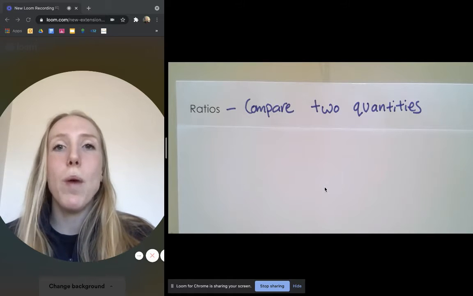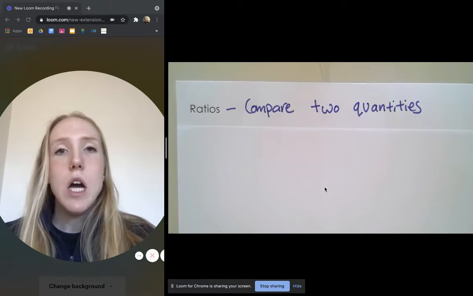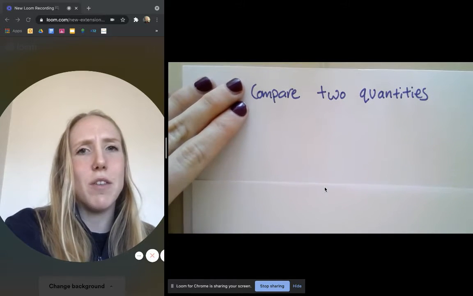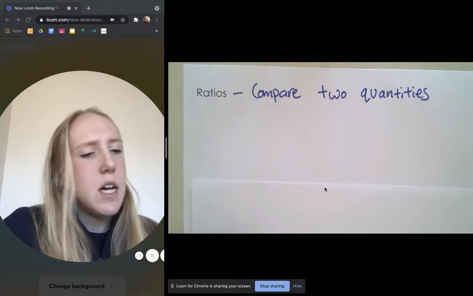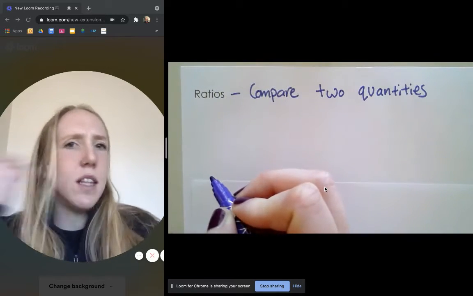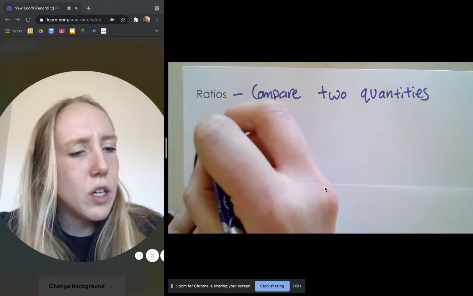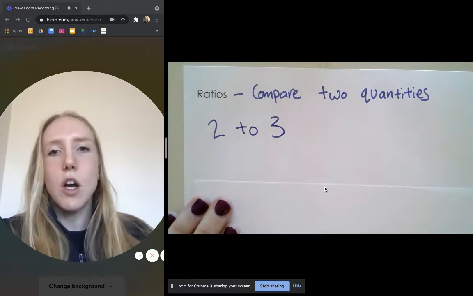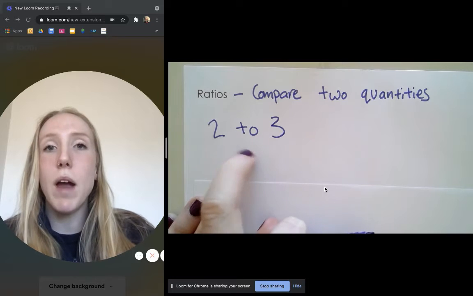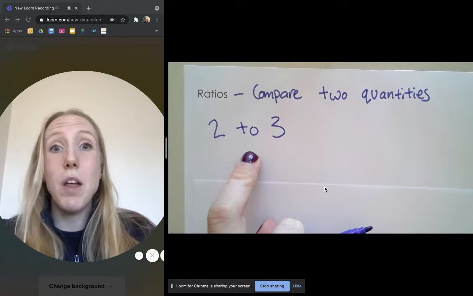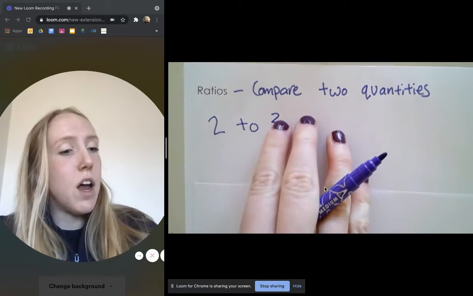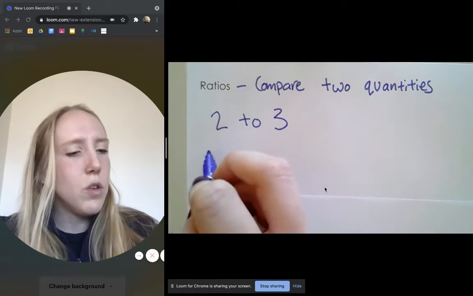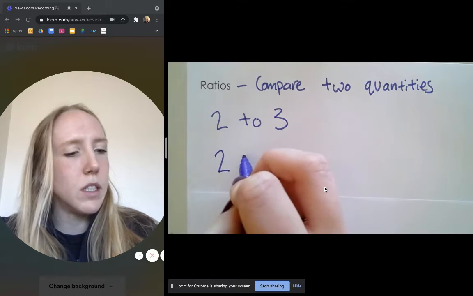There's a few different ways to write a ratio. I'll use the example right now of the ratio 2 to 3. Ratios are read like I just said it, which is 2 to 3. So 2 to 3, that's one way to write a ratio. Another way is to use what's called a colon, which looks like this.